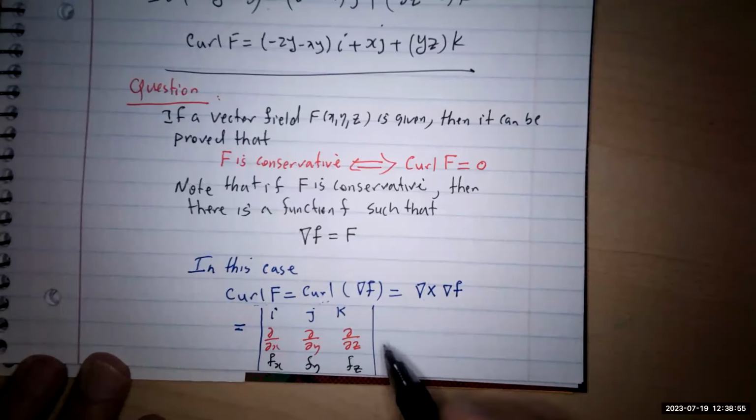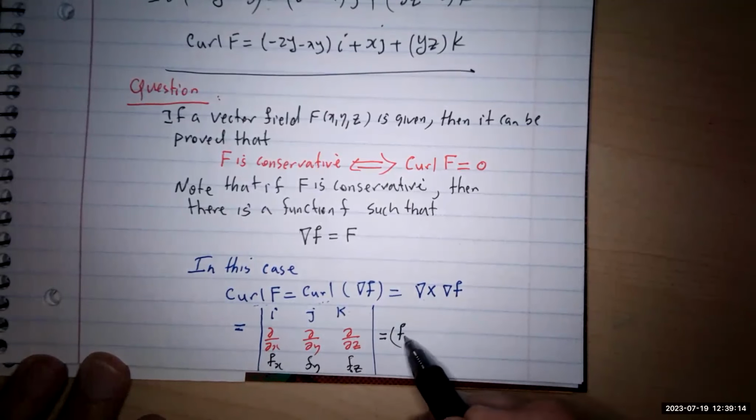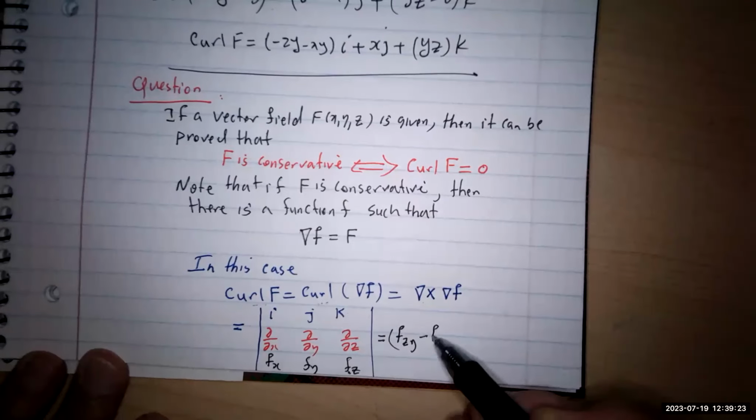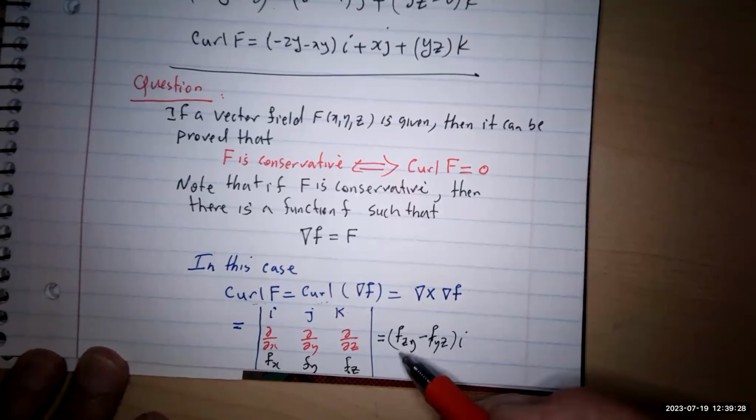The first one: you eliminate the first row and the first column. You already got f sub z, so you differentiate with respect to y, that gives f_zy, minus the partial with respect to z of f_y, that gives f_yz. But you know that these two are equal to each other. That gives you 0.